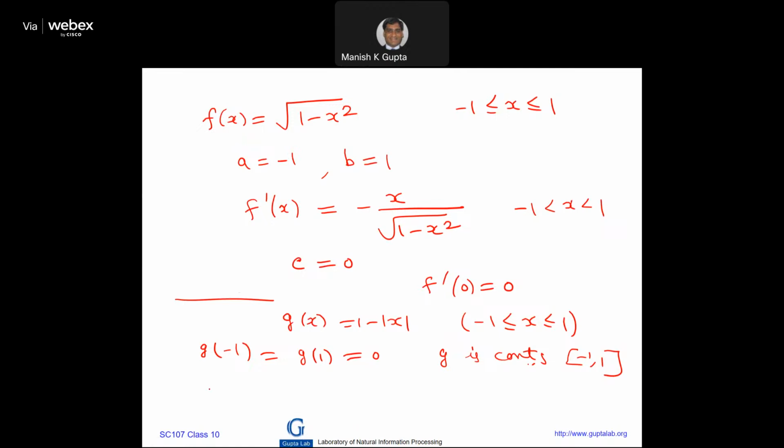Now this function is differentiable everywhere in minus 1 to 1 except at x equal to 0. If you draw the curve of this function, because differentiability fails at one point, you will not be able to find a c for which the tangent is parallel to the x-axis. I think you can see the graph and everything.